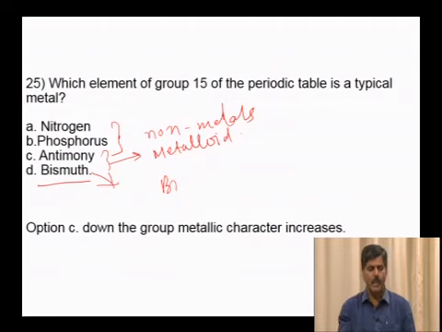It has a large size. Hence, bismuth is the correct option. So bismuth, option D. It is not antimony. Option D is correct. Option D, bismuth.